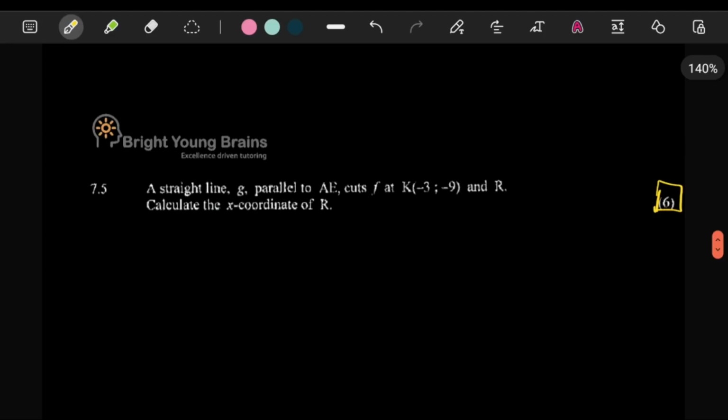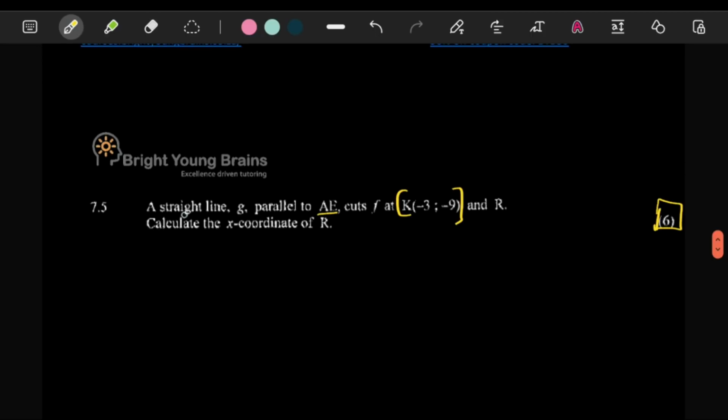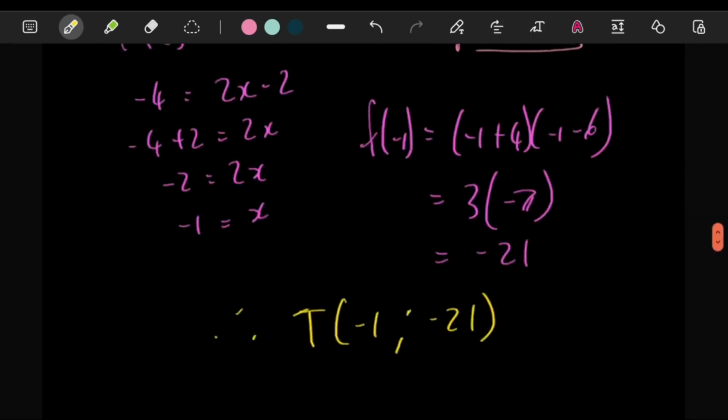7.5 says a straight line G parallel to AE cuts F at this point K, and it also cuts R. I have to read this slowly. A straight line G parallel to AE cuts K and R. Where is R?